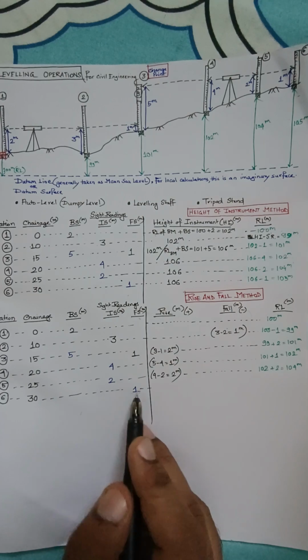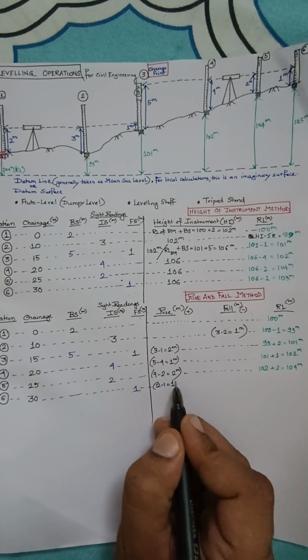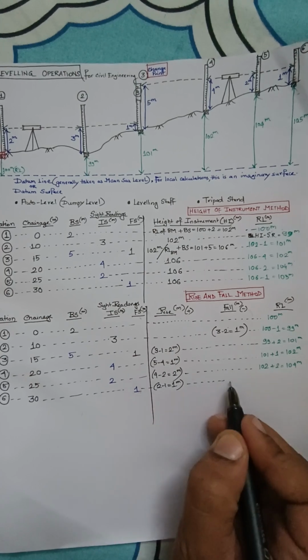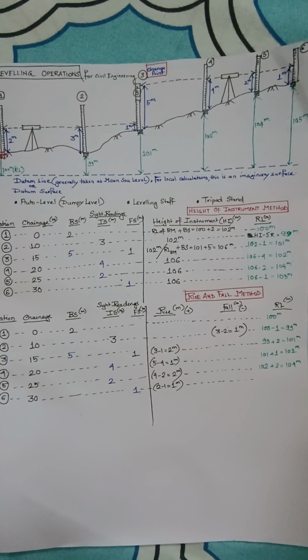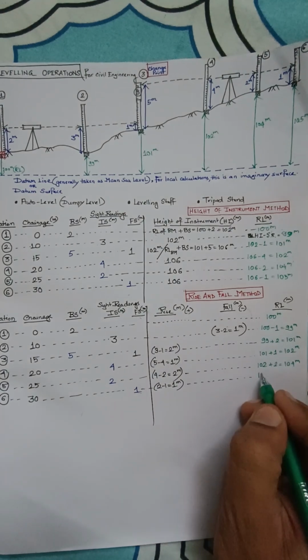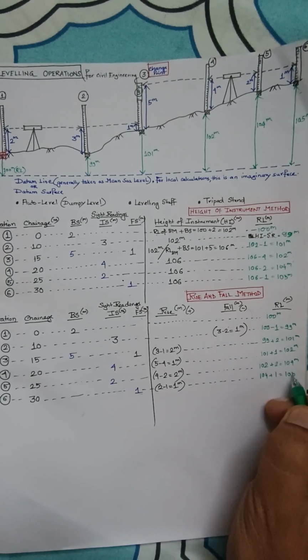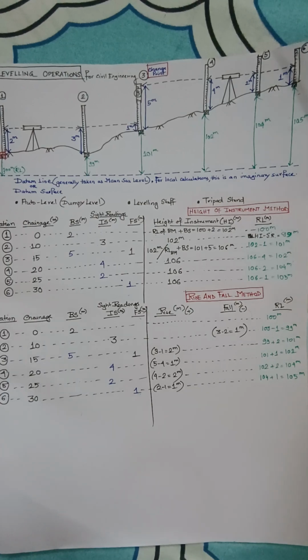And how did you get that difference? Right over here, 2 minus 1 is equal to 1 meter. And then you have the final reading, 104 plus 1 is 105 meter. Case is closed.